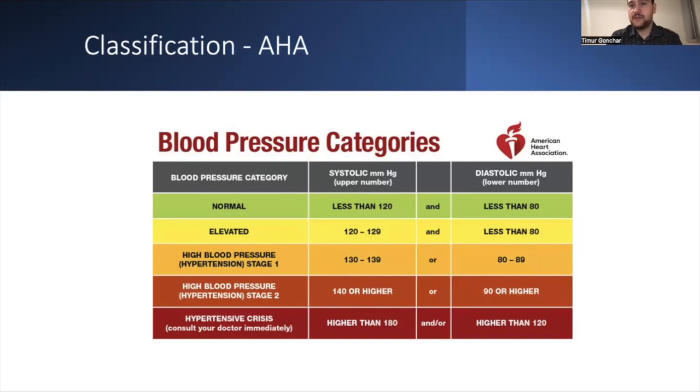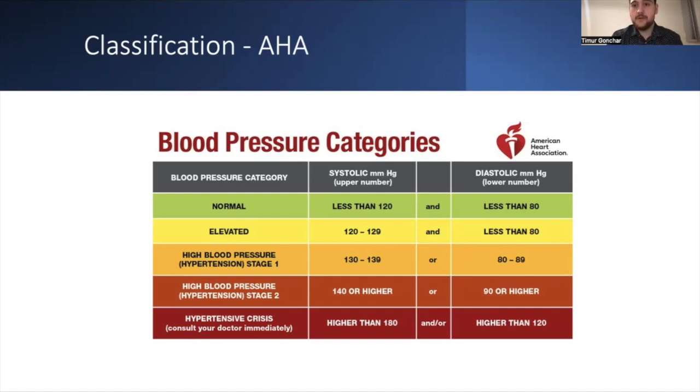And if you have a patient with blood pressure over 130/80, it's going to be hypertension stage 1, over 140/90 stage 2, and something called hypertensive crisis with extremely elevated blood pressure. But we're going to come to this topic a bit later.